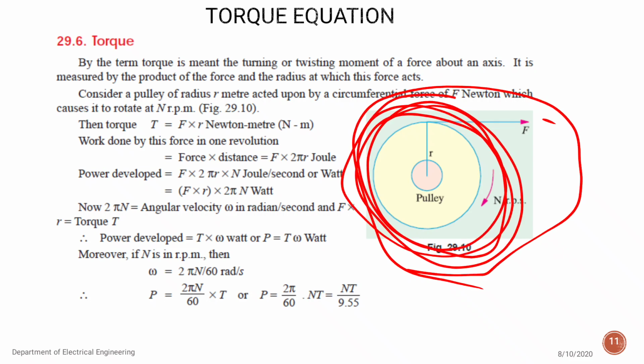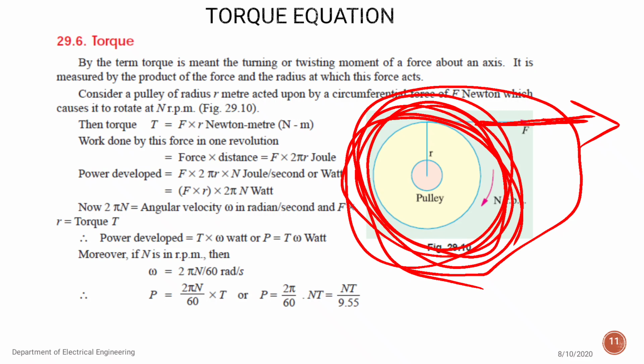The pulley has a radius of r. The torque is measured using the product of the force and the radius at which that force acts.